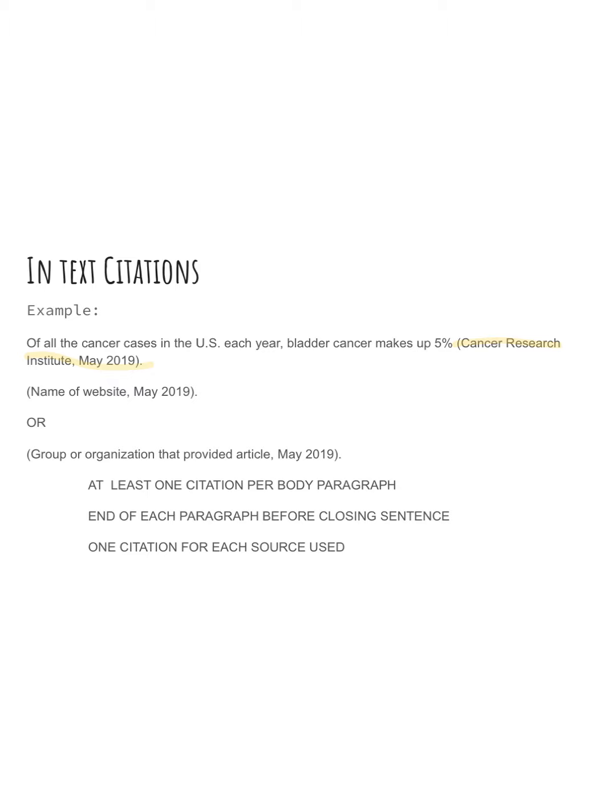And then you need at least one citation for each source used per paragraph. So even, let's say your whole essay was the same source, you only used one source for the entire essay, you are going to still put that same citation in every single body paragraph. You will not put citations in your introduction or your conclusion because those are your words.